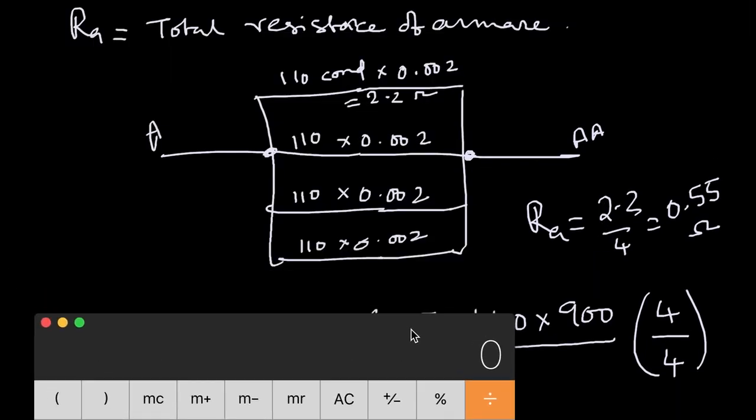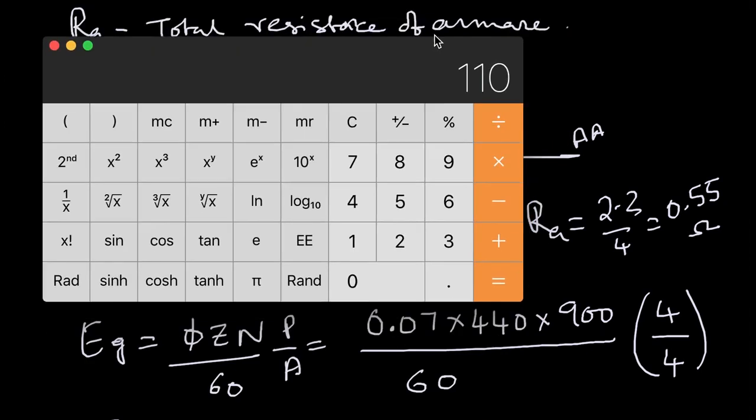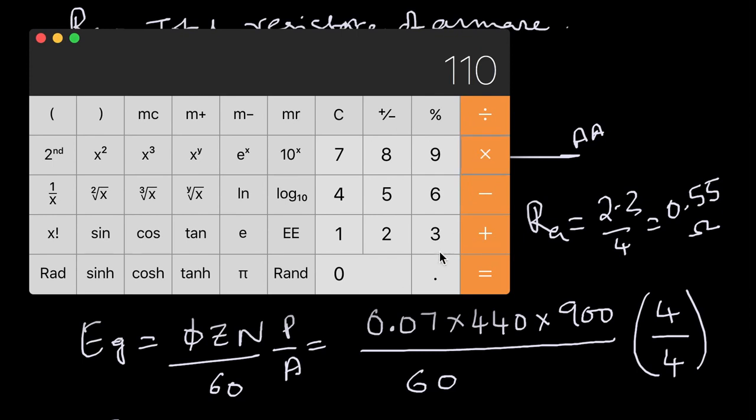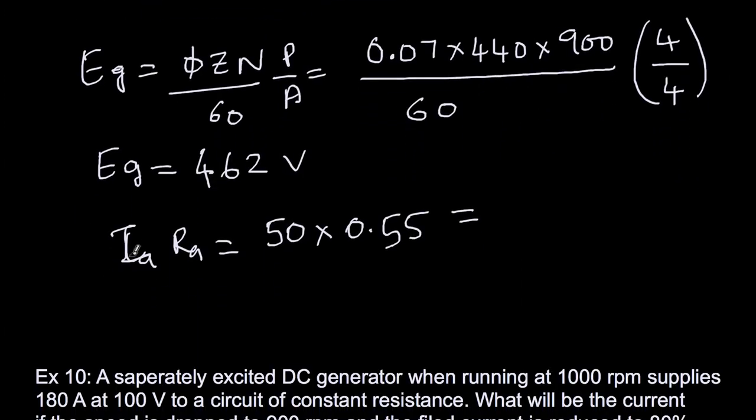So 110 into 0.002, so it's actually 0.22, not 2.2. So this is 0.22 and therefore this will be 0.055. So I'm just following on correction.